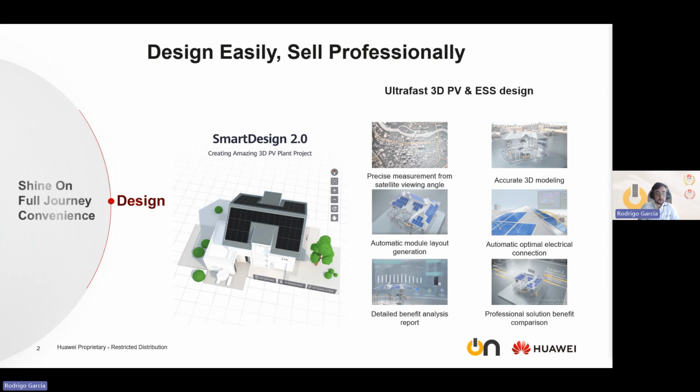It gives you a 3D view of the project. It gives you an automatic module layout generation and automatic optimal electrical connections. It's a professional solution that you can benefit from when you're going to prepare a project in the future.